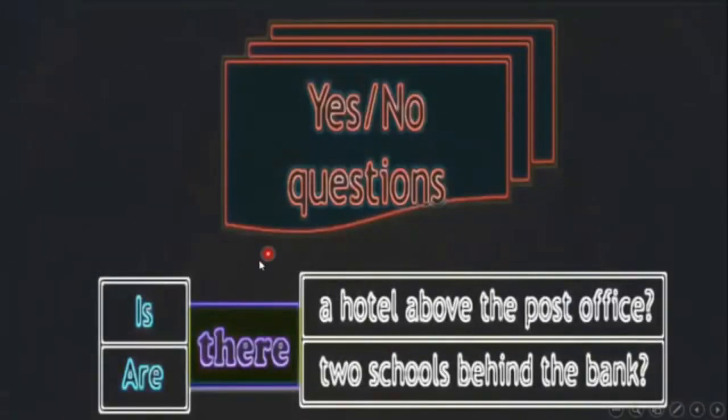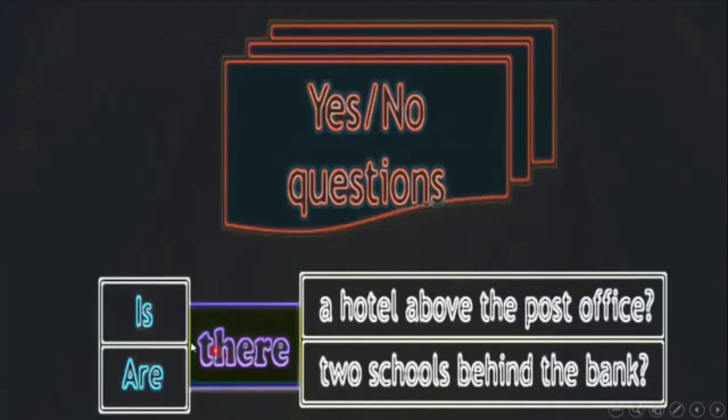How to make, my students, yes no questions with is there, okay? Here we will begin with auxiliary verb is and are to make yes and no question. We call it yes and no question because the answer of this question begins with yes and no. Look here.